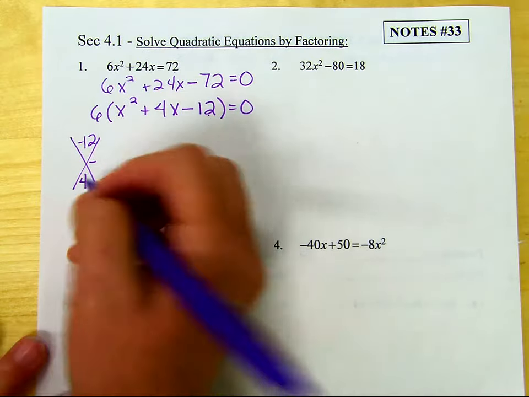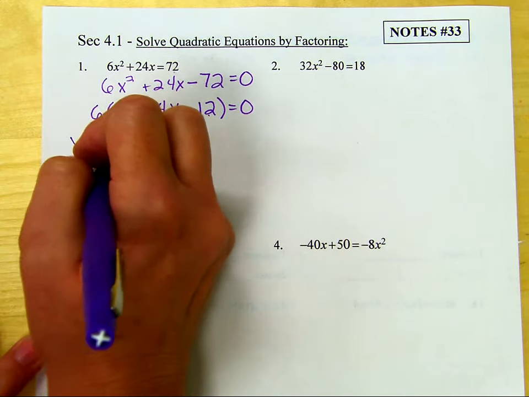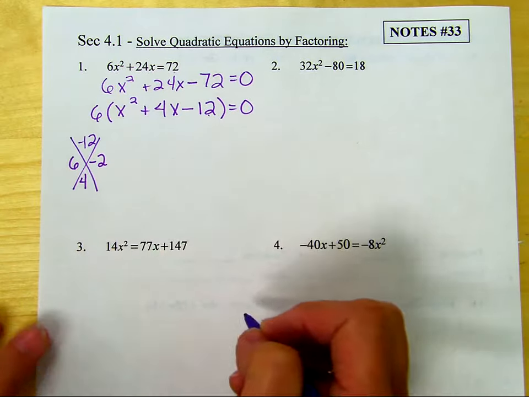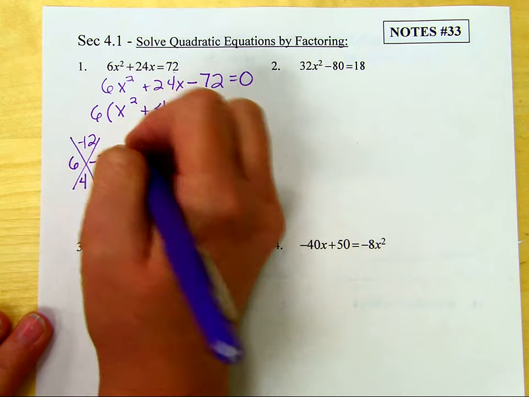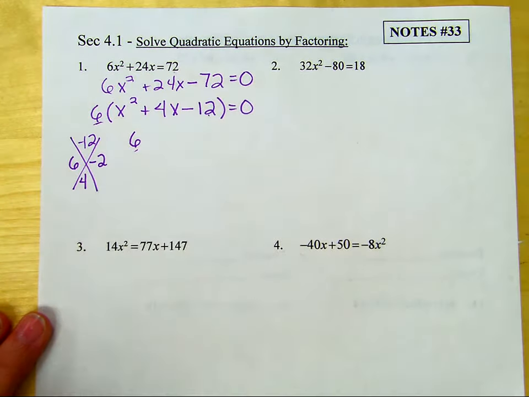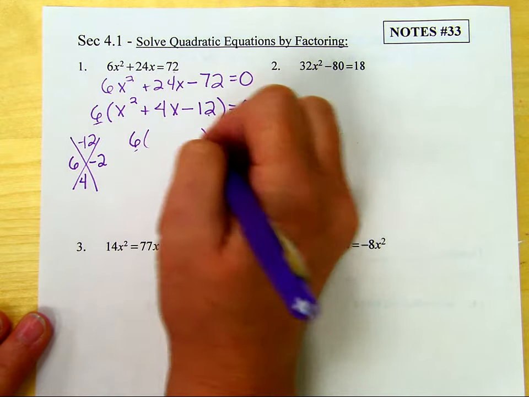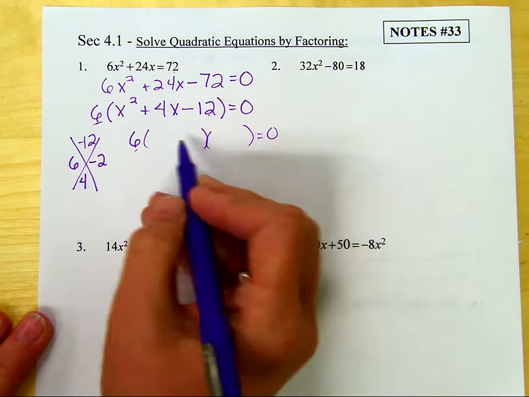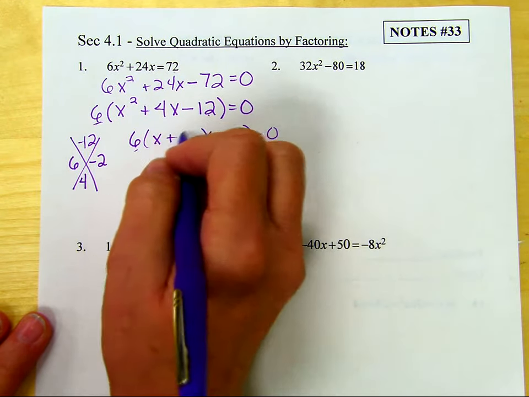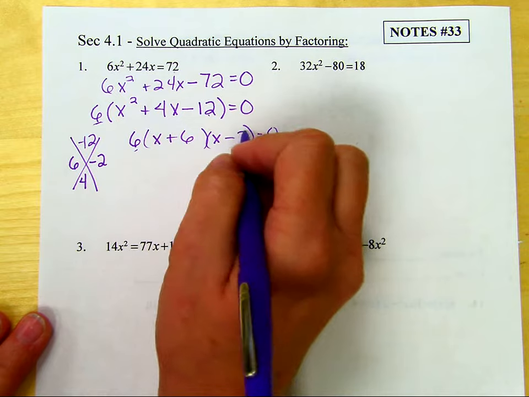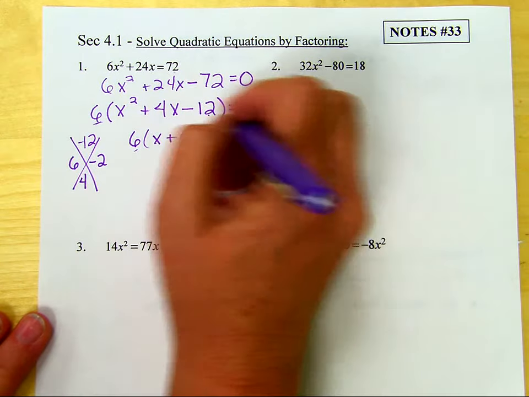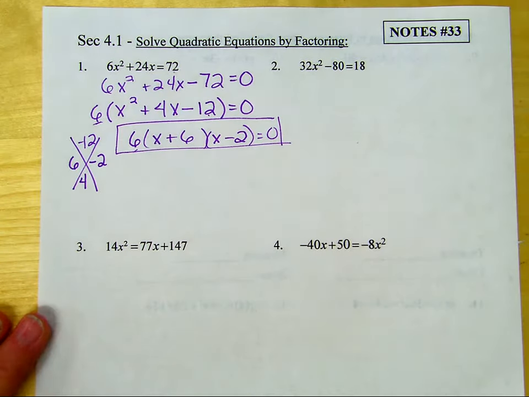Since I want a positive 4, it's going to be 6 minus 2. So when I rewrite it, I've got 6 as my outside here, still there, 2 parentheses, and the factoring comes out as x plus 6, x minus 2. That's my factored form of the equation.